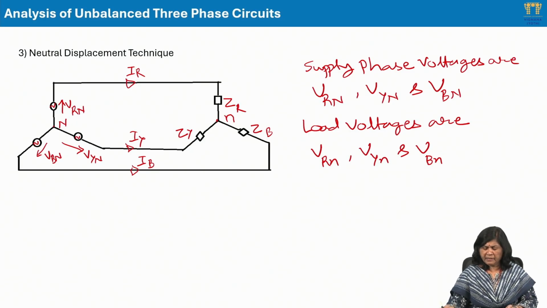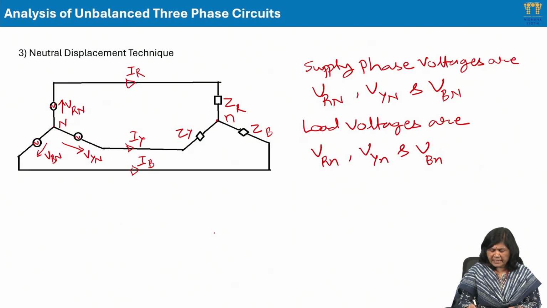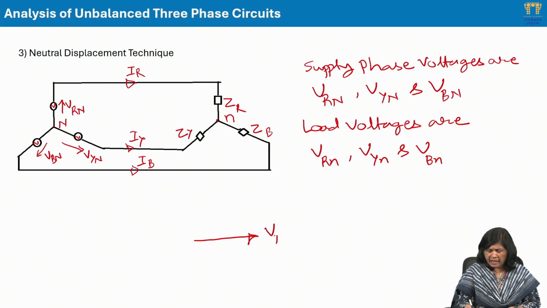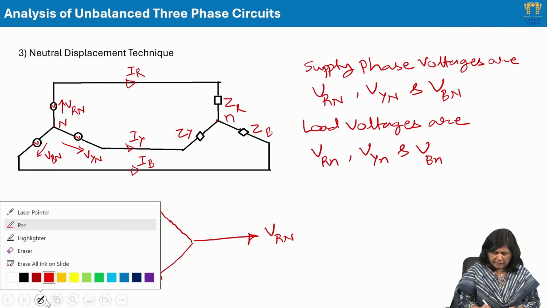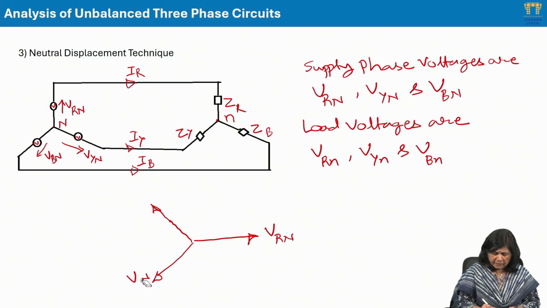So what I will do here, I will draw a phasor diagram first. This is my VRN, this is my VBN, and this is my VYN.